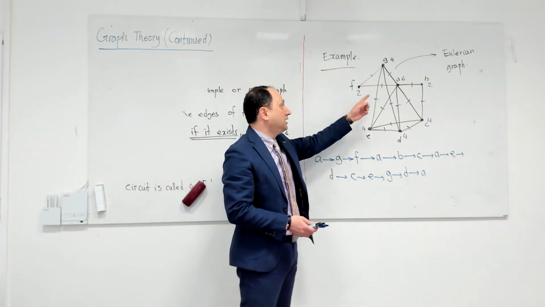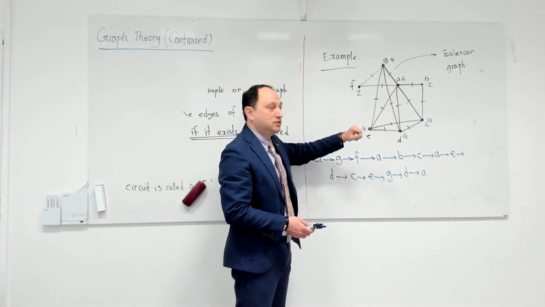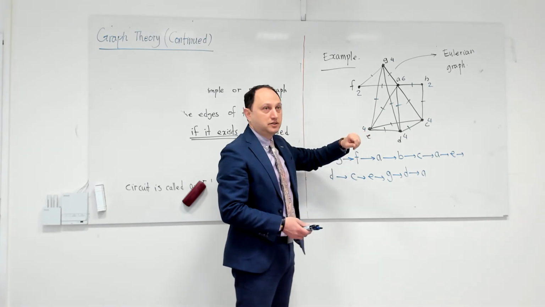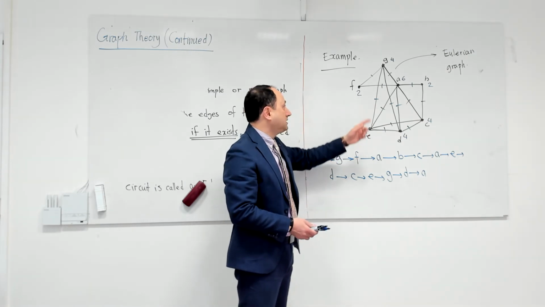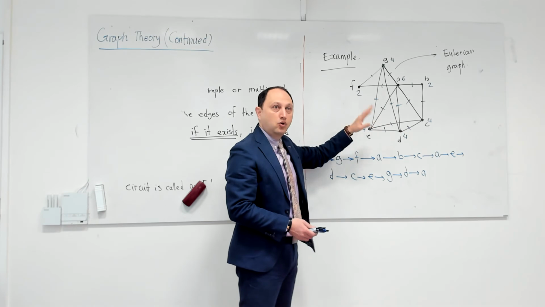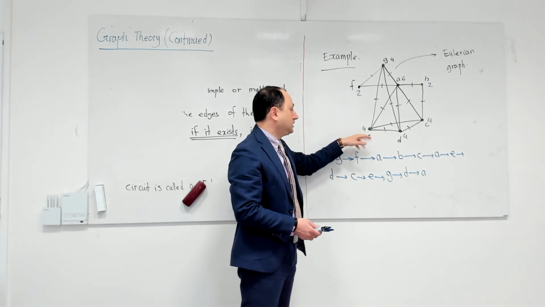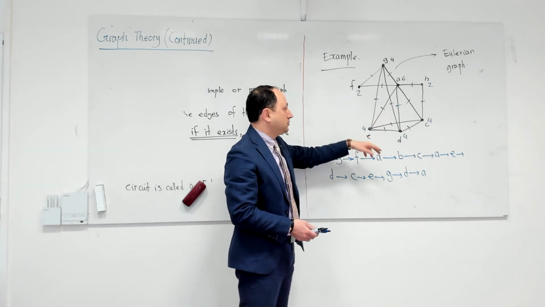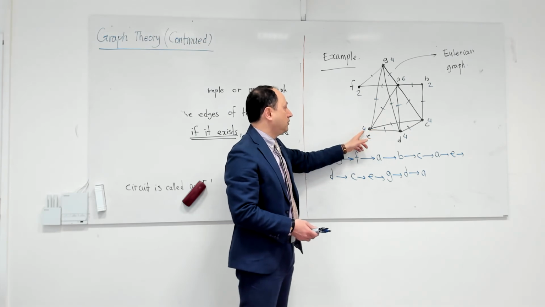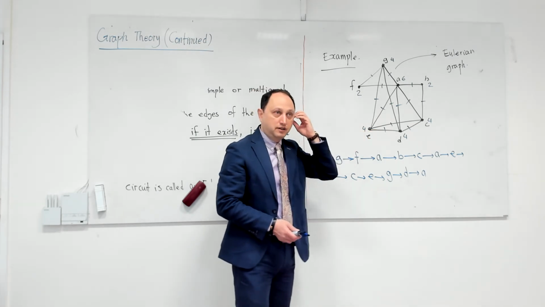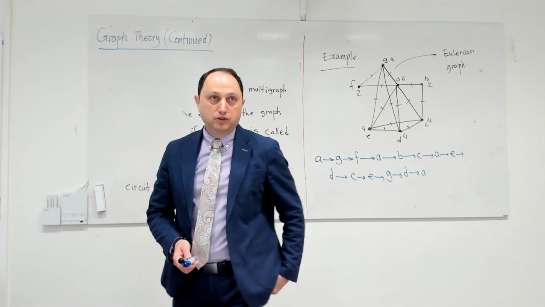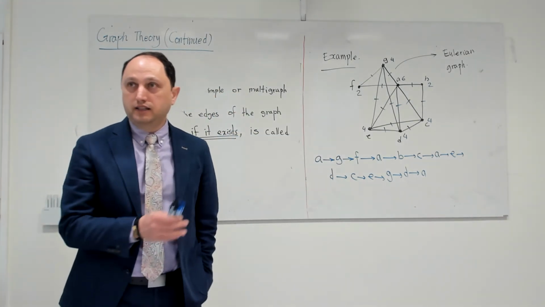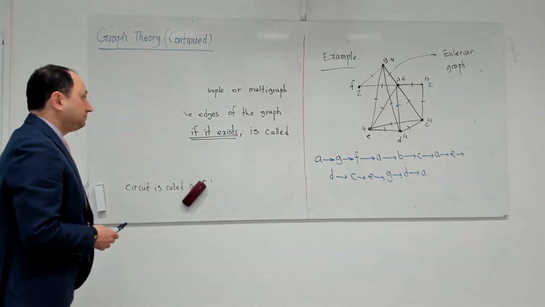Or you can use Euler's theorem to see if this is possible or not. How should I know that? If all the vertices, all of them, are of even degree, then this is possible. This is Eulerian. If not, if even one single one of them is not even, then you can conclude that this is not Eulerian. Is that clear? Okay.